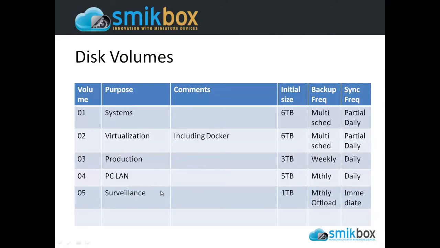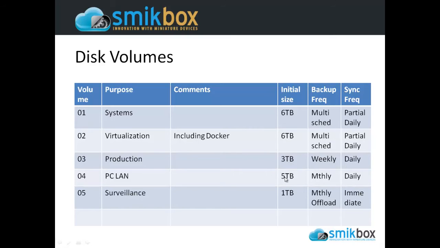In our table from before, we saw that volume number 2 in this case is going to be for virtualization. So we're just going to call it VM for virtual machines, and it's 6 terabytes in the sample machine we looked at, but we may again knock that down to 3 terabytes. Production is going to be, in this particular case, way too large at 3 terabytes. 1 terabyte would be sufficient.